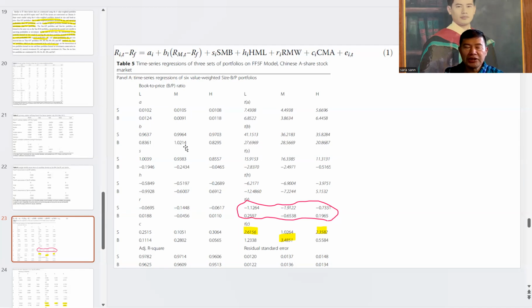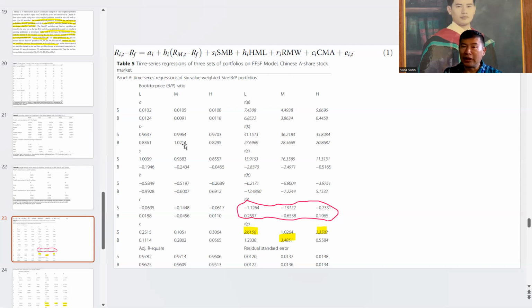Okay, so we can see the excess return goes up if you invest in a portfolio with big size to medium book to market ratio. When the market goes up 102%, the excess return goes up in the same way. The excess return, or alpha, for big to medium book to market ratio goes up 102.14.